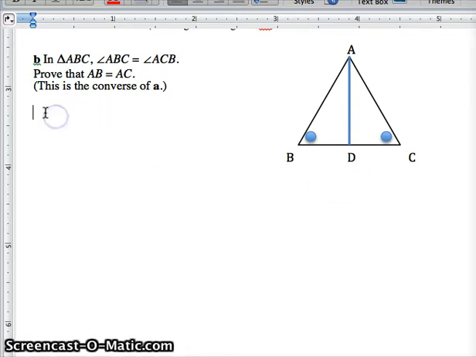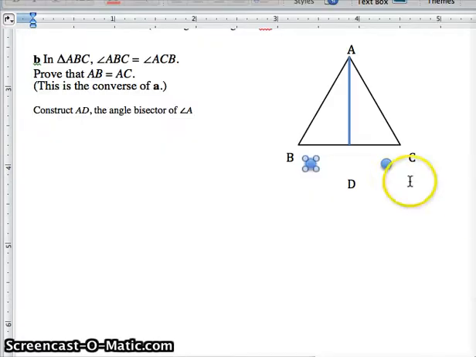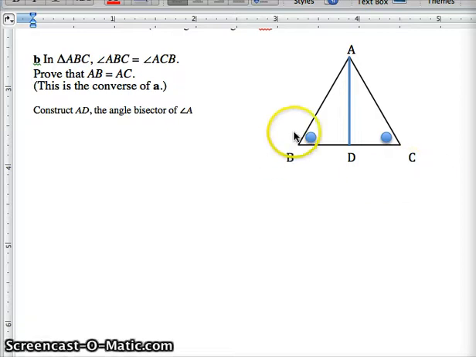So we start our solution and say construct AD, which is the bisector of angle A. Because we've just bisected angle A, we will therefore know that angle BAD equals angle CAD.